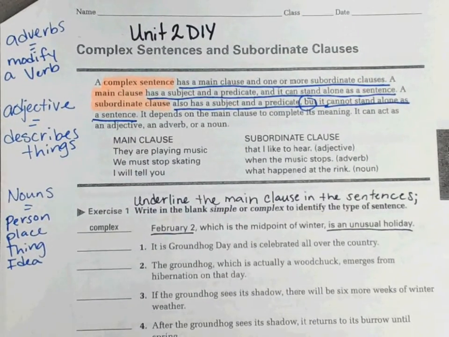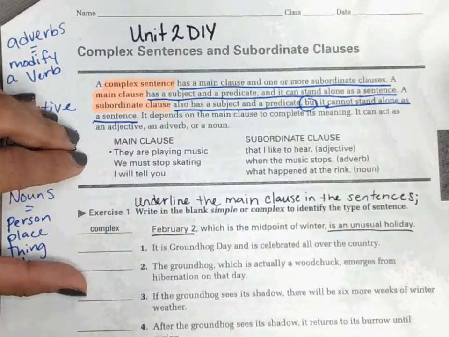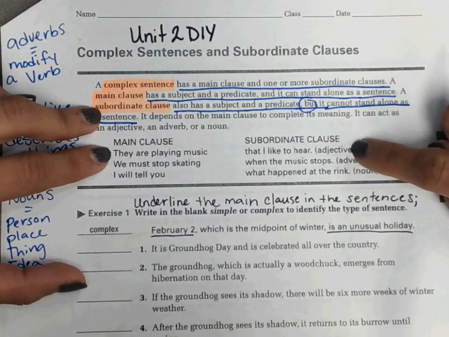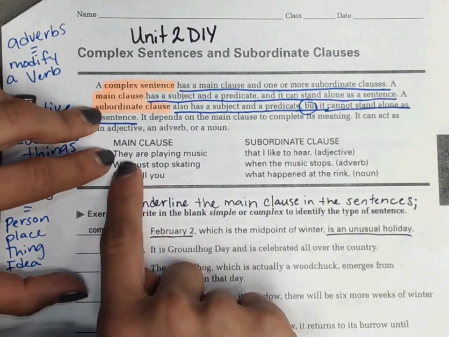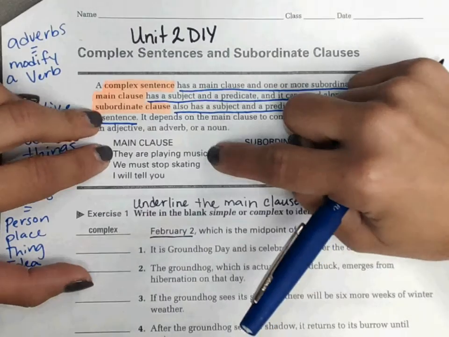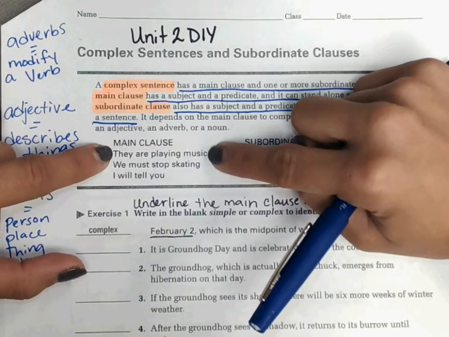Let's look at our examples. Our first one right here says they are playing music that I like to hear. So we have they are playing music, which can stand alone as a sentence itself.